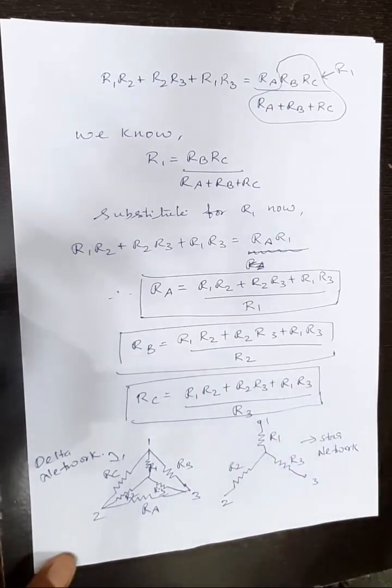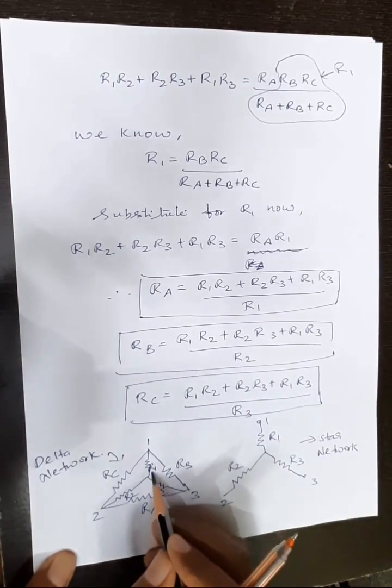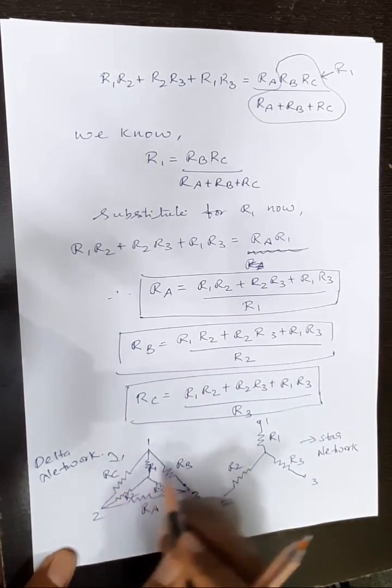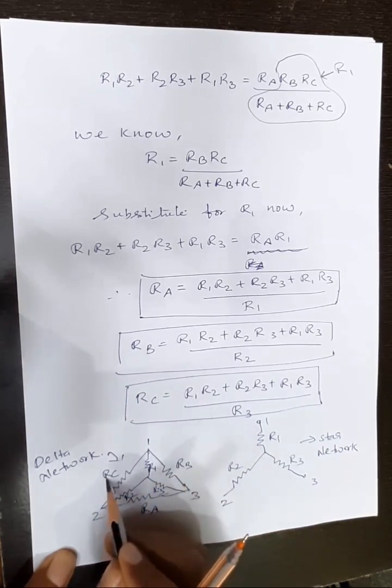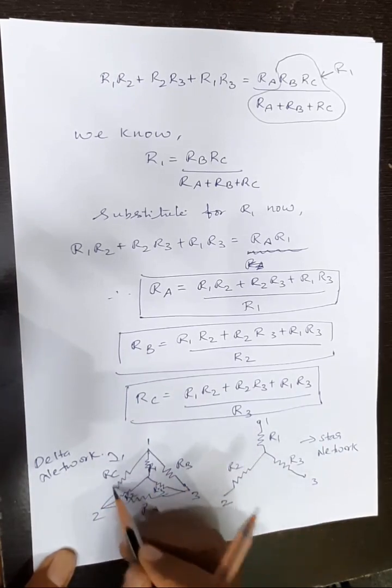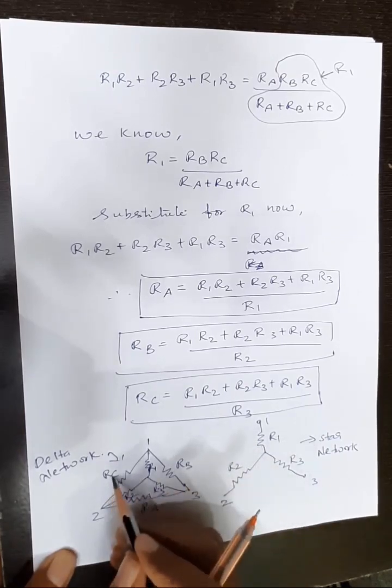So here you can observe R1 will be equal to the opposite resistance, means opposite to that R1, RC into RB divided by the sum of the resistances, which will be common, RA plus RB plus RC.